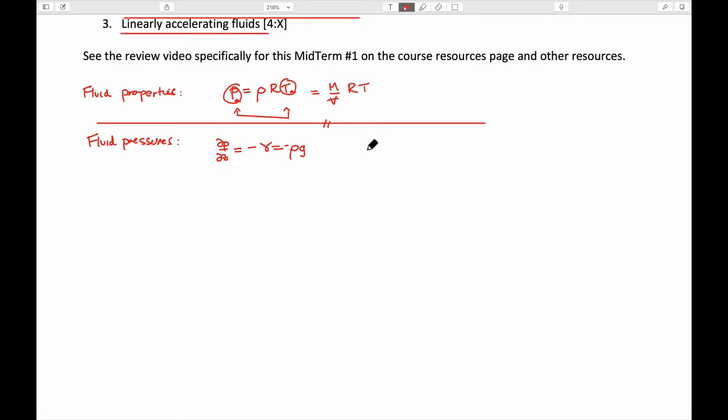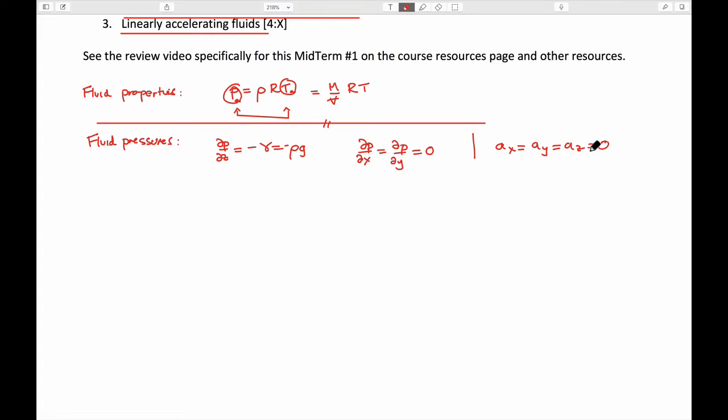We also know that in a fluid, as you go horizontally, the changes in pressure in the x direction or the y direction, so long as you don't move vertically, are equal to 0. And these are always true so long as the accelerations in that fluid are all 0.